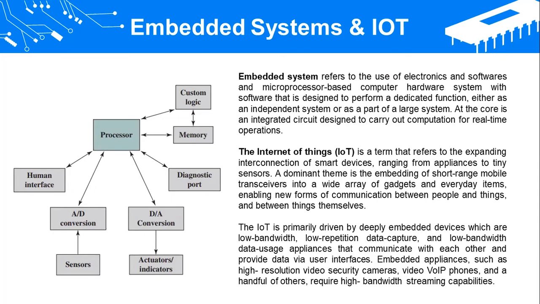And the next is the Internet of Things, or IoT. It's a term that refers to the expanding interconnection of smart devices, ranging from appliances to tiny sensors. A dominant theme is the embedding of short-range mobile transceivers into a wide array of gadgets and everyday items, enabling new forms of communication between people and between things themselves.